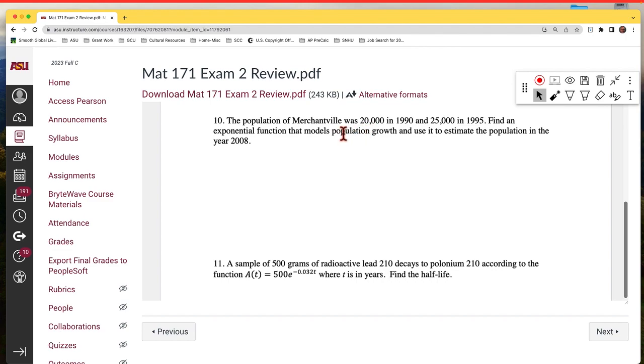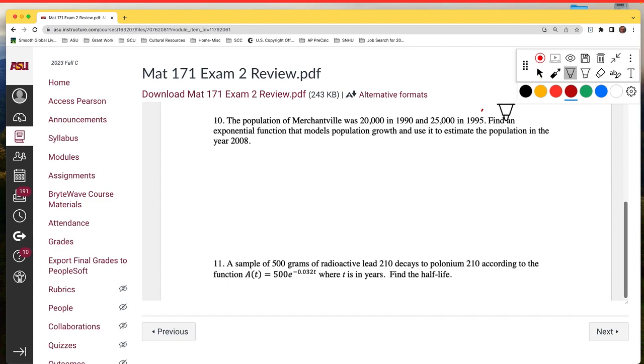So we had a population of 20,000 in 1990, 25,000 in 1995. Yeah, we got about 5 minutes. Find an exponential function that models population growth and use it to estimate the population in 2008.